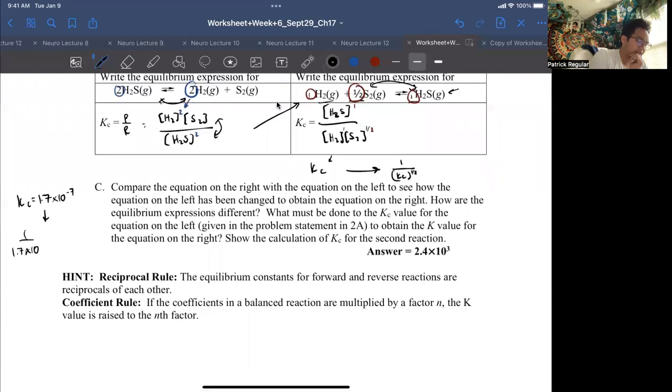And then coefficient rule, we raise it to the power of whatever we multiplied everything by. We multiplied everything by 1/2, so we raise it to the 1/2 power. That should give us 2.4 times 10 to the 3.